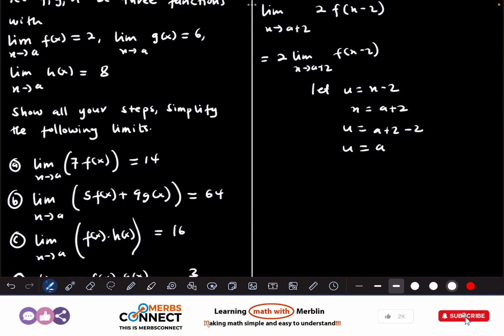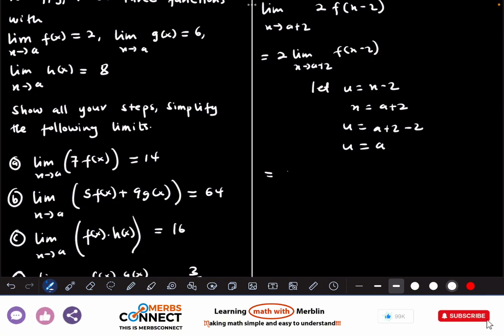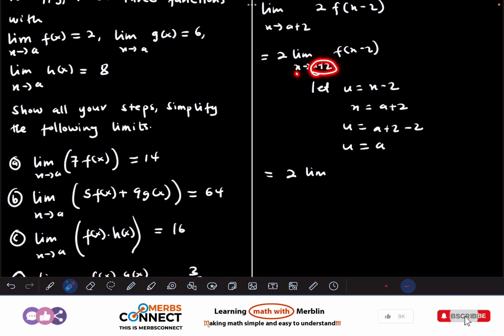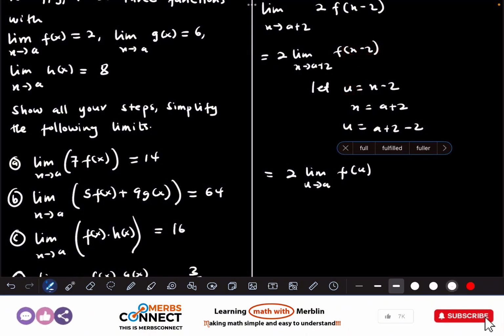So now let's do backward substitution. We are going to have 2 limit. Now we want to change the values to u, right? So now x is approaching a plus 2, but since we are changing to u, we can see that u is equal to a here. So we are going to have u is approaching a, then f, and we saw that this is also equal to u. So we are going to have f of u. Right.